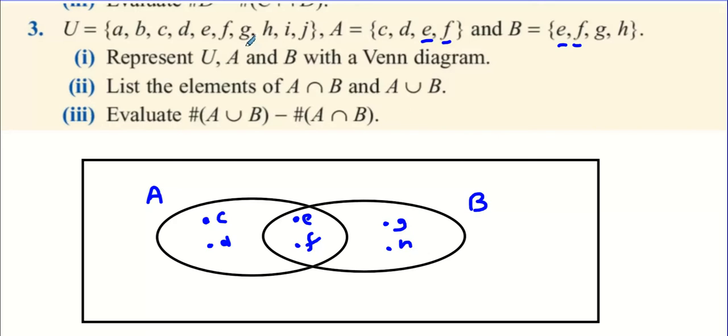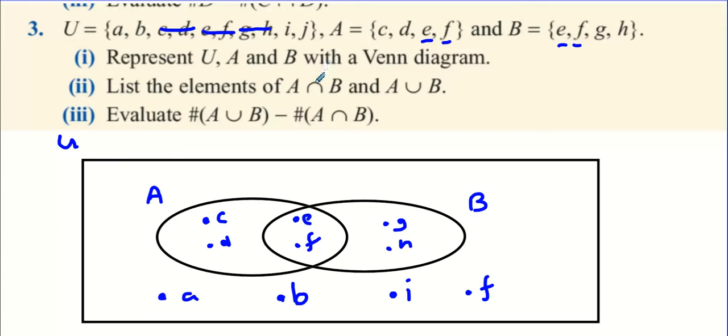Now I'm going to wipe these letters off. We've used GH, we've used EF, and we've also used CD. That leaves on the outside the letters that don't belong inside A or inside B, so it's going to be A, B, I, and F. Remember to put the universal set here.